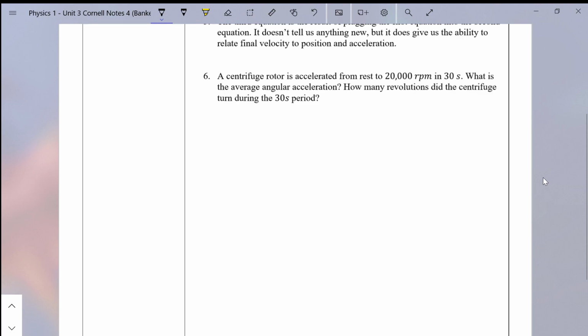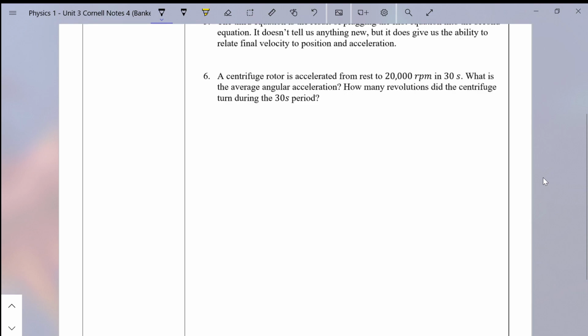If we have this barrel, and I'm sure we all know what a centrifuge is, it will rotate from 0 rotations per minute to 20,000 rotations per minute in 30 seconds. The question is, what is our average angular acceleration during that time period? Also, how many revolutions will the centrifuge turn during that period?